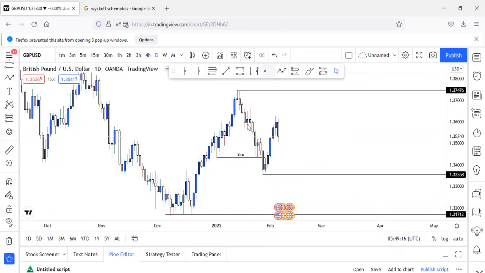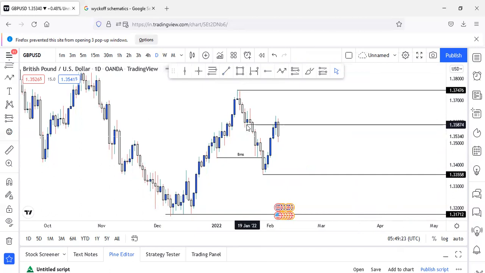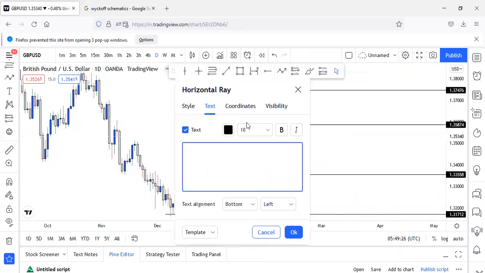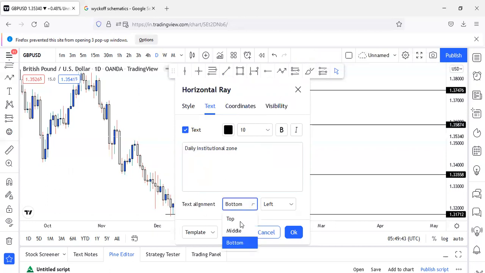These are our daily premium zones for sell. We realize that when the market gets to this daily institutional level, the market actually reacts from that zone.